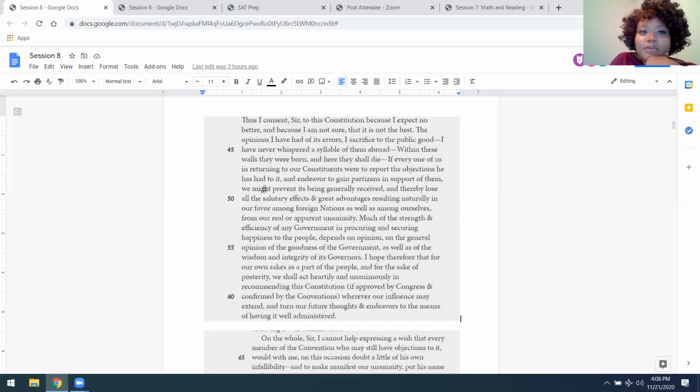If every one of us, in returning to our constituents, were to report the objections he has had to it and endeavor to gain partisans in support of them, right there he's saying, if all of us were to return to our constituents, the people we're representing, and tell what issues we have with the Constitution to gain backing for those issues, we might prevent its being generally received and thereby lose all the salutary effects and great advantages resulting naturally in our favor among foreign nations, as well as among ourselves, from our real or apparent unanimity.